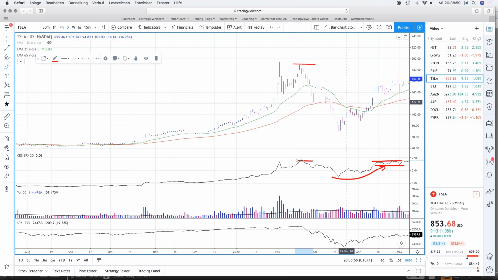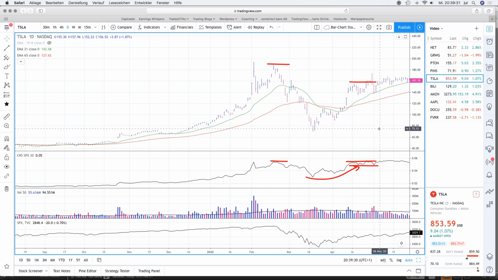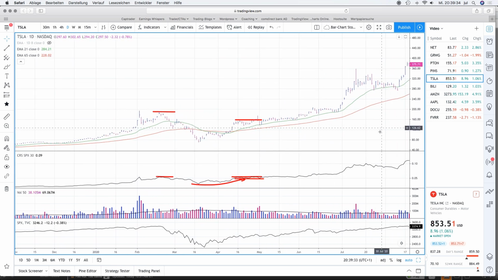You can see here on 20th February the RS line was at that level, and now the same level is reached, although the price is almost $40 below the same price level as on February the 20th. So very strong outperformance. And then you can see, okay, Tesla was going to the moon here.